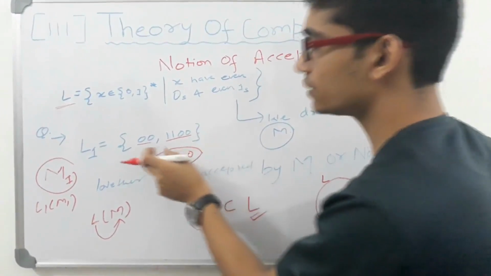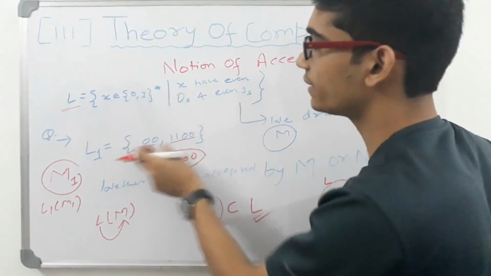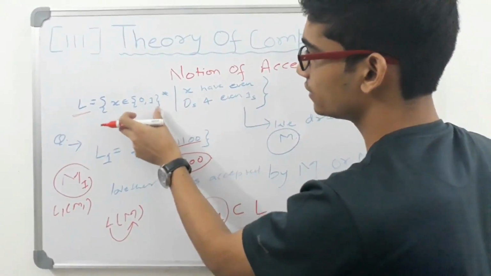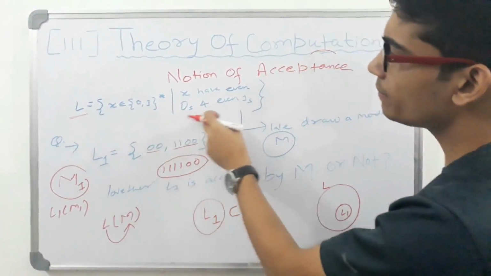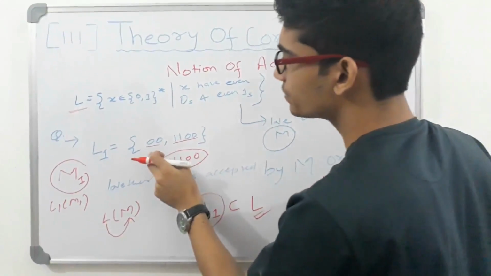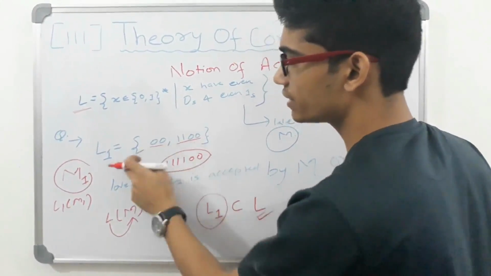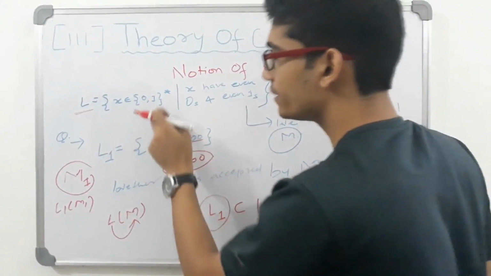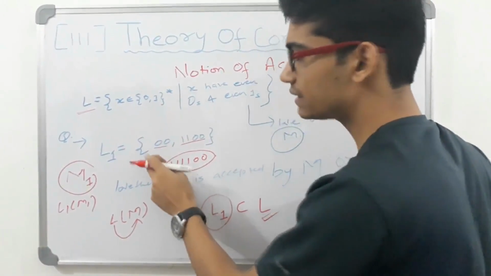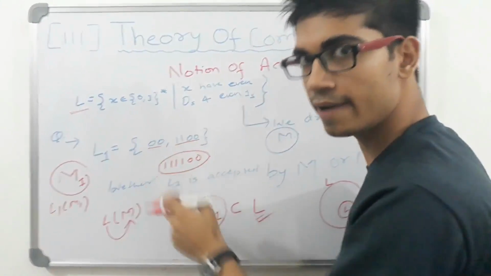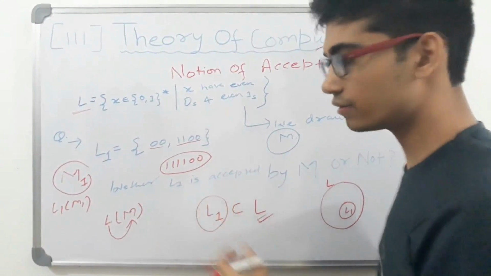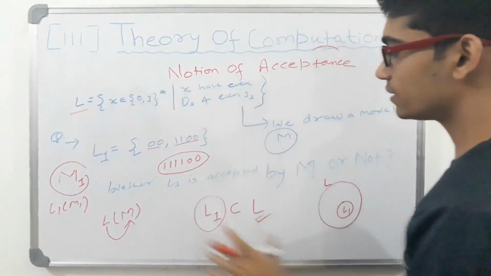I will come to this when I go to regular language about finite and infinite. This was infinite, why? We can have infinitely many strings, but here I have restricted it to only two strings in this language. We'll see the impact of infinite and finite when we come to regular language or regular expressions. So this you must be clear about.